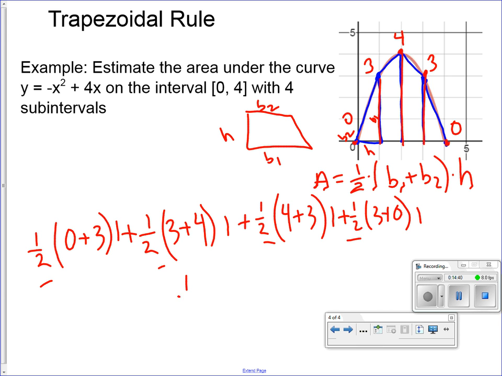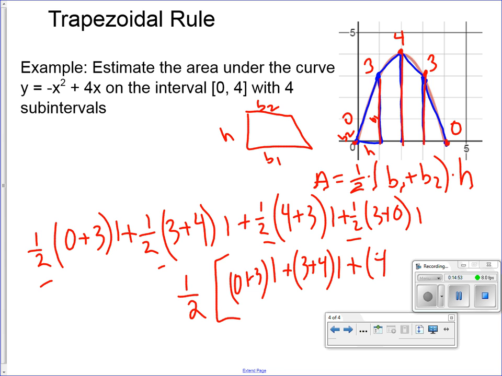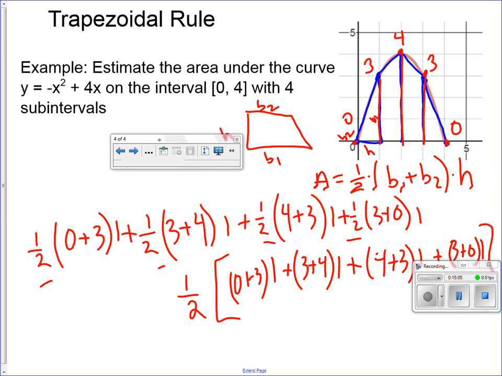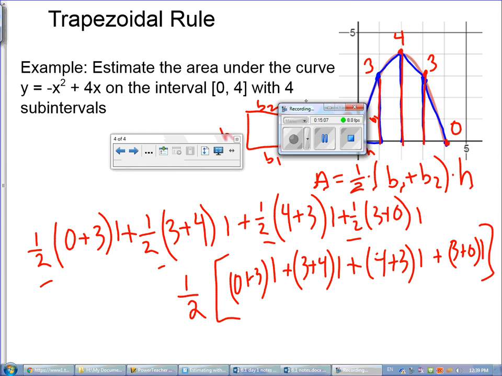So a lot of people will just take out the 1/2, and then they'll do the sum of the two bases times the height. It's really convenient here that the height is 1. It's not always going to be 1. So I'm rewriting it just to give you an idea of what you would have to do in any situation.